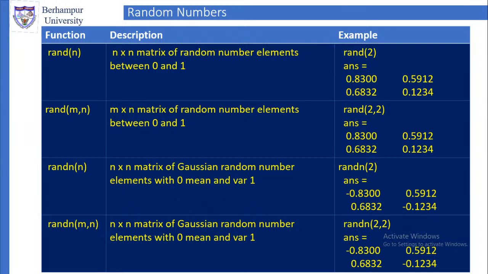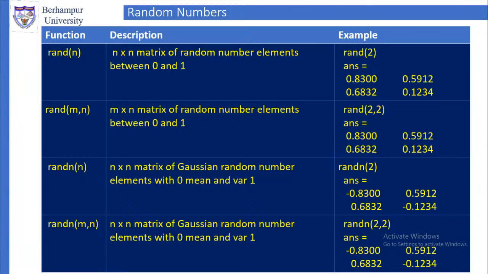Similarly, randn m comma n gives you an m cross n matrix. M can be 1, n can be 1, both can be 1, or one of them can be 1 and the other more than 1. In that way you can generate a list of random numbers or a matrix of random numbers. So that is something about random numbers.